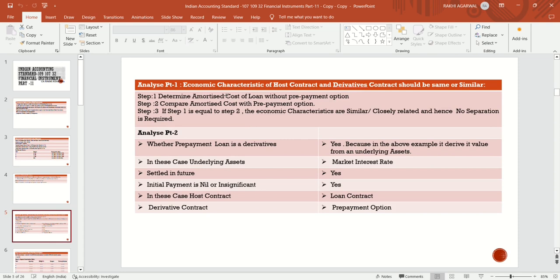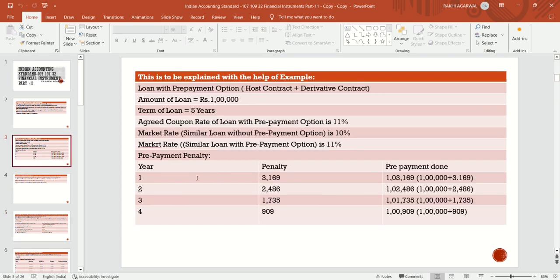So firstly, determine the amortized cost of the loan without prepayment option. If we do not pay early, what is the amortized cost of the loan? Firstly, we will determine that. Then we will compare the amortized cost with the prepayment option, because here we have seen the options in years 1, 2, 3.